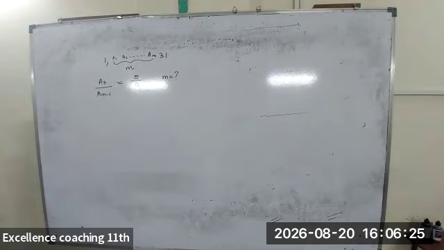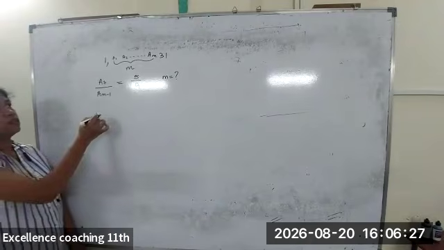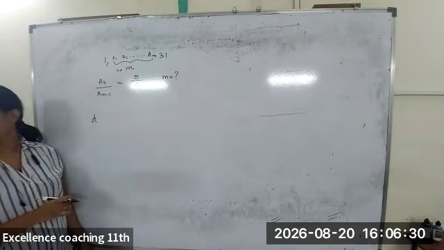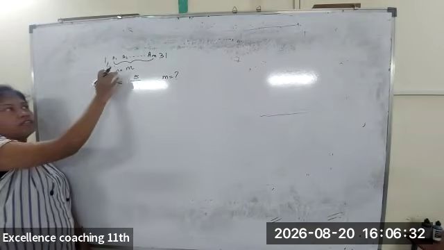Calculate the common difference first. In place of n now, who is there? M. Wherever there is n, it will be m.